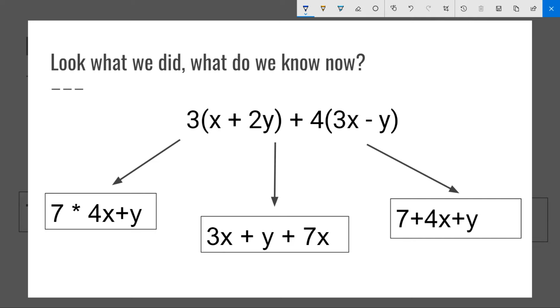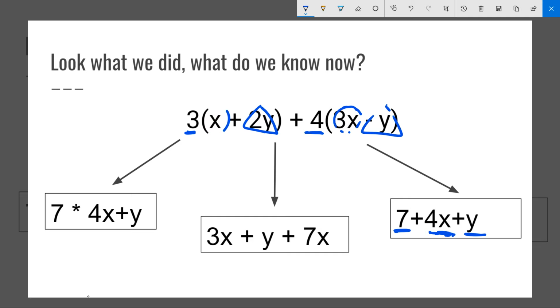This one's kind of similar to the first one. They combined the 3 on the outside of the parentheses and the 4 to get a 7. And then they combined, okay, these terms with x's, get 4x's, and then the 2y and the negative y to get a single y. They didn't do any of the multiplication.